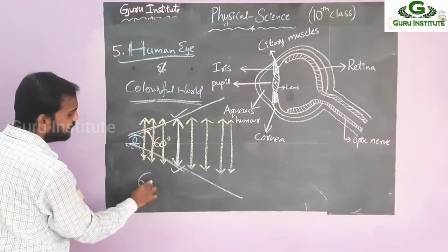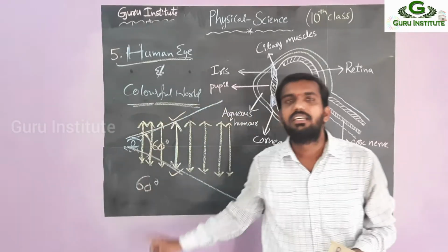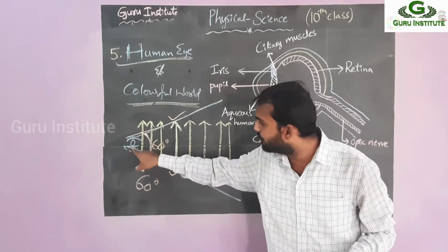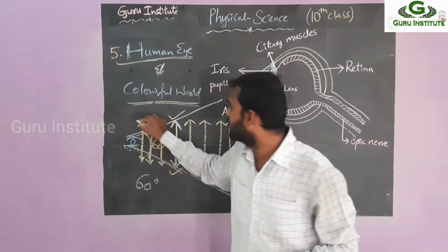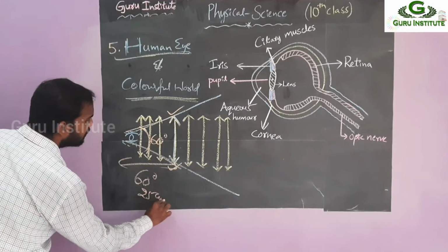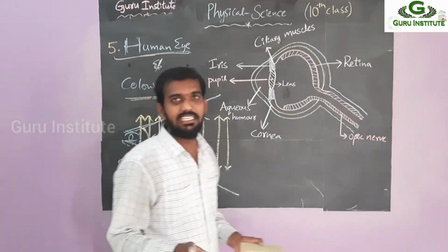This angle is known as the minimum angle of distinct vision. If you find the distance between this eye and this object at clear vision, this distance should be 25 centimeters. At that point, the angle should be 60 degrees.